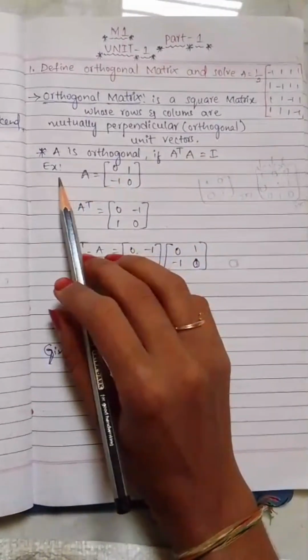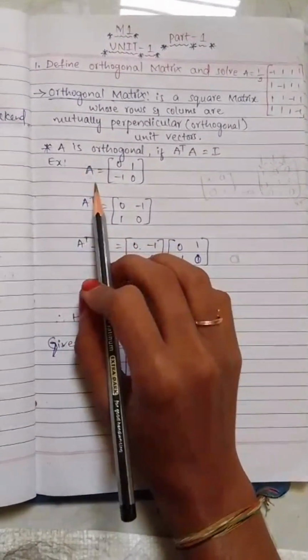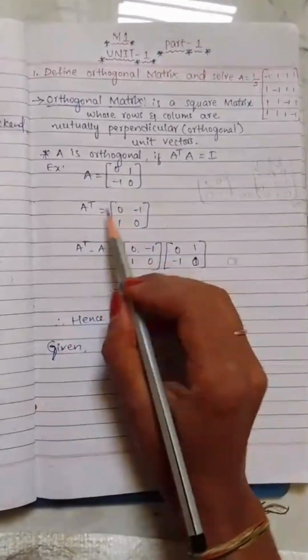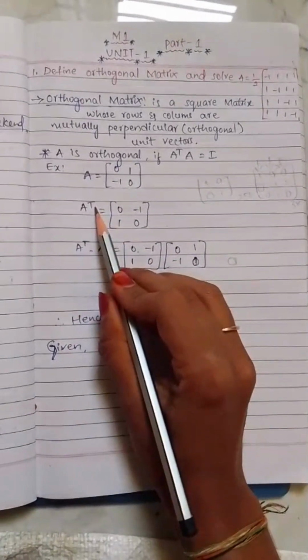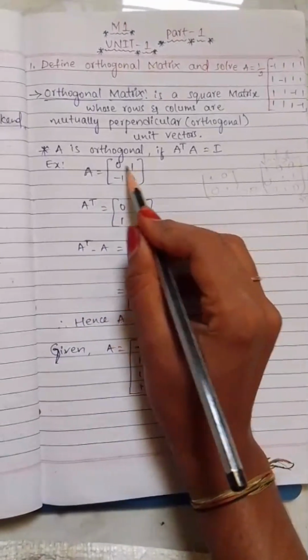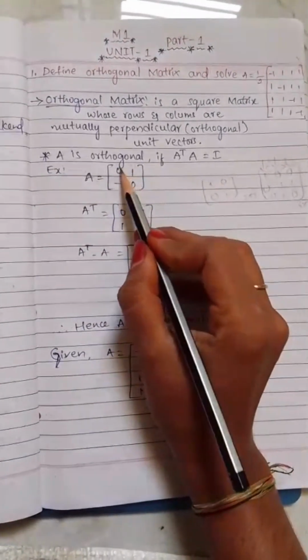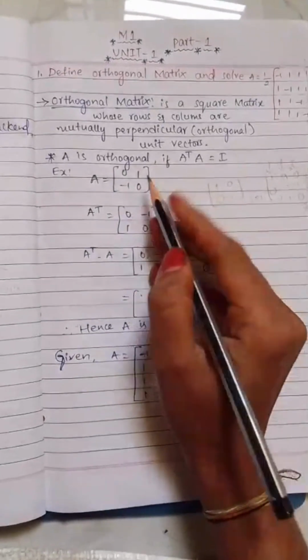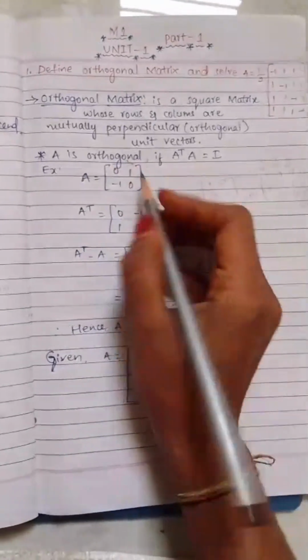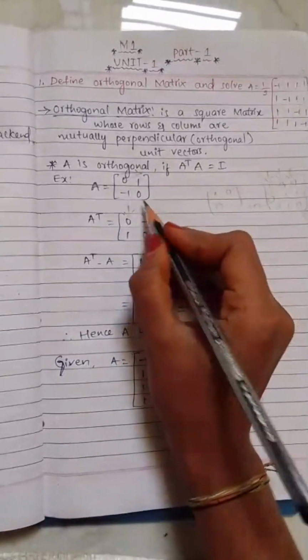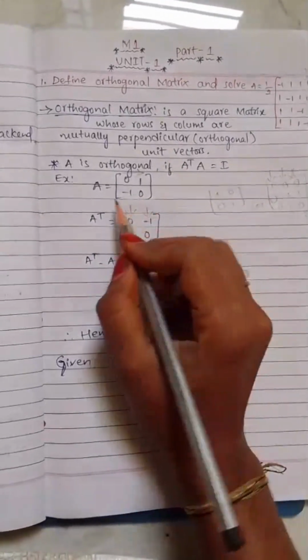For our understanding, I am taking an example. A is equal to 0, 1, minus 1, 0. A transpose means we write 0, 1 like this. The rows will become the columns. 0, 1, and minus 1, 0. Got it?